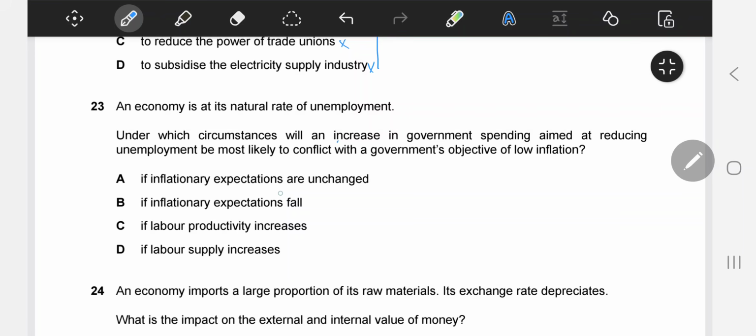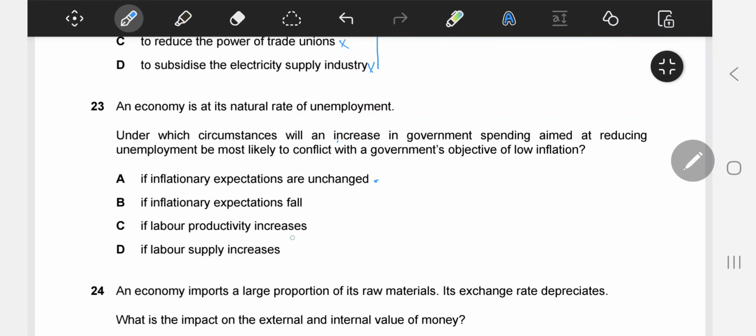If inflationary expectations are unchanged, this is probably it, because if the people expect the inflation to fall, then unemployment is going to increase because the government wants to reduce unemployment.